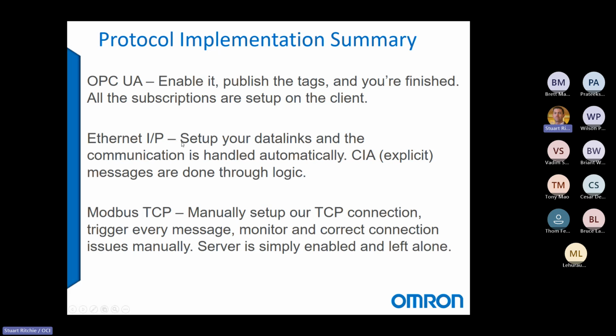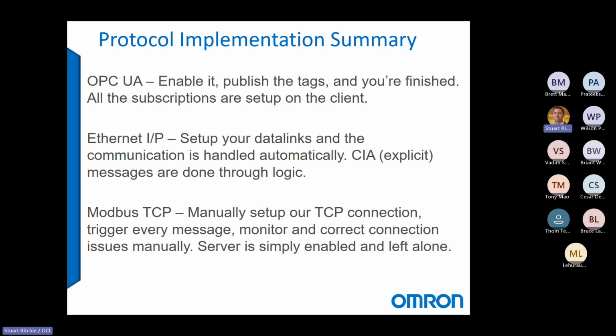Now, Ethernet IP, setting up data links, fairly straightforward. You can incorporate structures into them to automatically parse that data out for you, like we did with our power supply. Explicit messaging, on the other hand, either tag-based or class instance attribute type explicit messaging, is something we have to do in our logic, and we have to sequence and monitor the completion of, just like we would with Modbus.